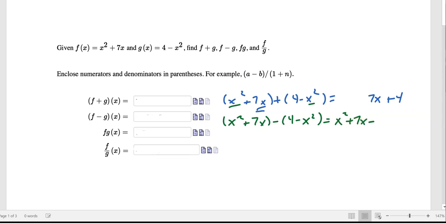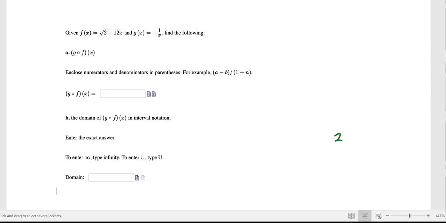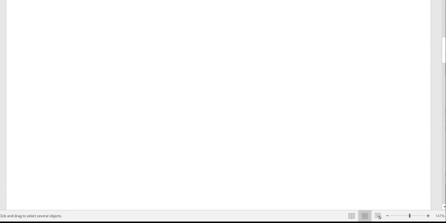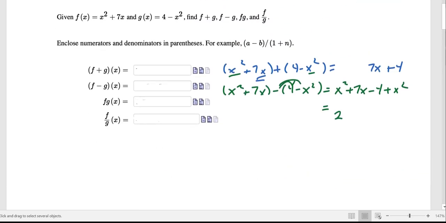So when I distribute that negative, we're going to have a minus 4, and then the minus and minus there give me a plus x squared. Now when I combine my terms, that's going to be 2x squared plus 7x minus 4.